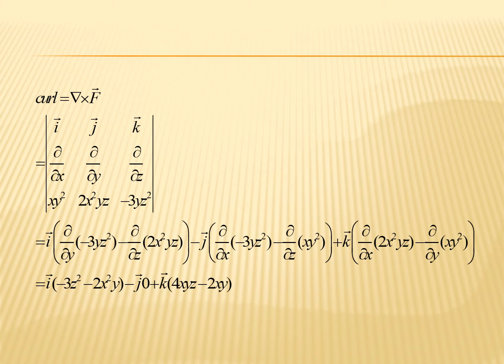So the coefficient of j vector is 0. Next is the k vector. Partially differentiating with respect to x gives 4xyz, and partially differentiating with respect to y gives 2xy.